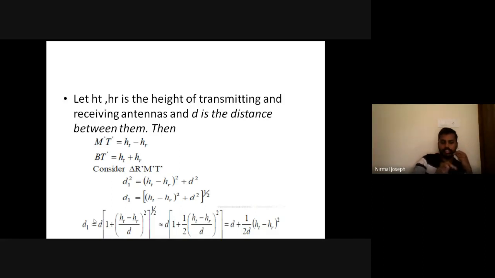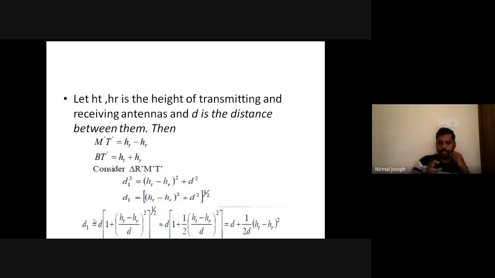We can use it since HT minus HR will be a very small amount compared to D. Okay, D is the distance. HT and HR are both heights of antennas, so their difference will be a small amount. It will be a few meters, but D will be hundreds of kilometers. So HT minus HR by D will be a small amount.